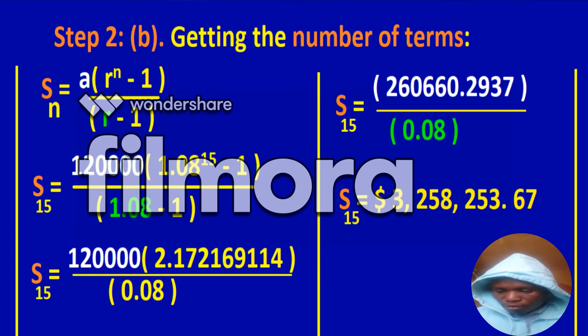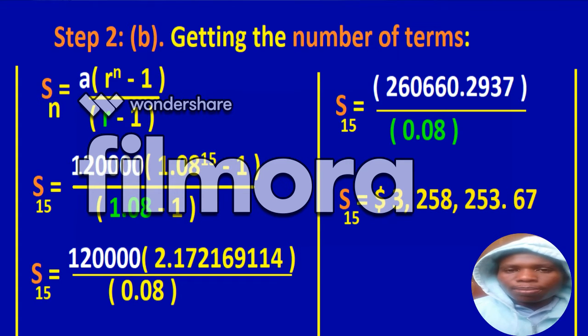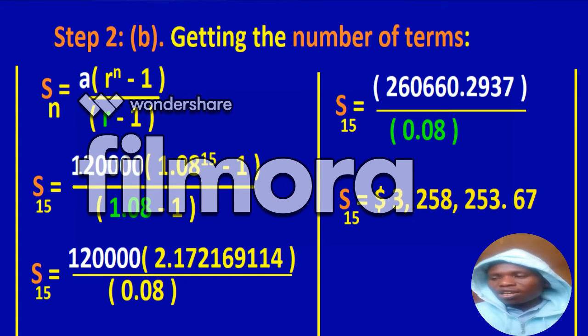If you substitute through that formula, you are going to end up with an expression like S subscript 15 equals 120,000 in bracket 1.08 raised to power 15 minus 1 all over 1.08 minus 1.